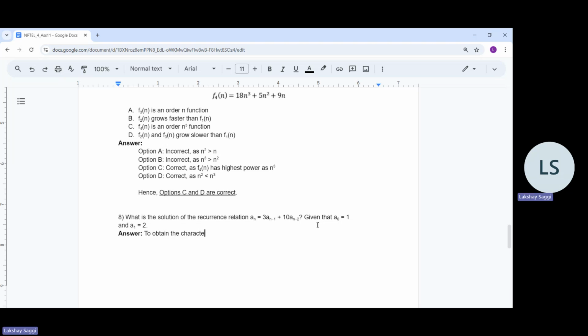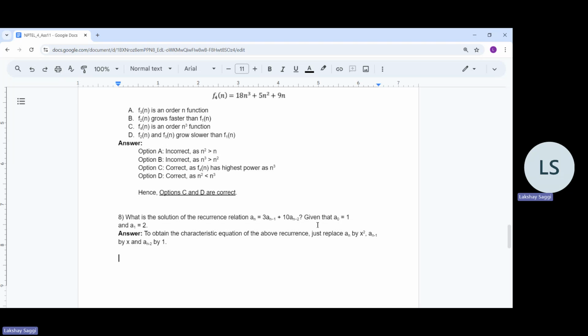To obtain the characteristic equation of the above recurrence, just replace A of n by x square, A of n minus 1 by x, and A of n minus 2 by 1.